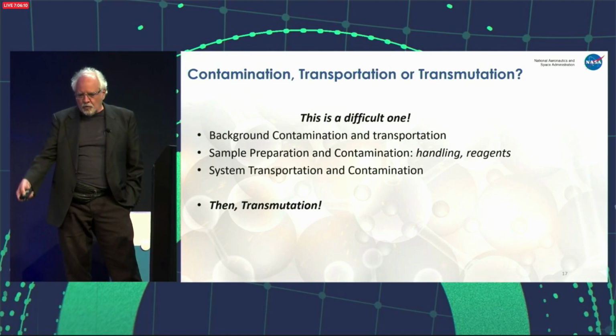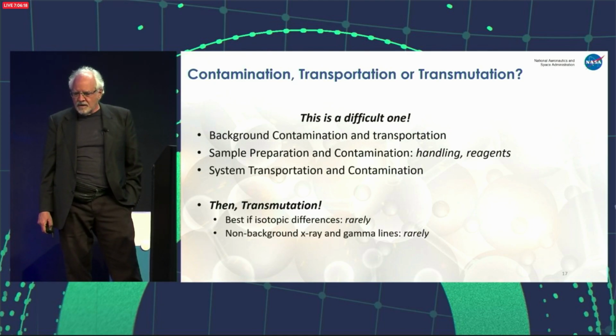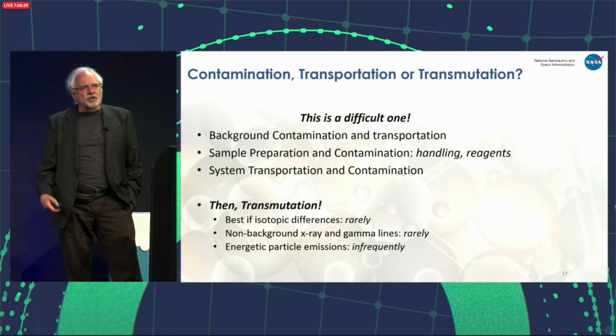If you can get through all those, then you may have transmutation. But it's best if you have isotopic differences. We rarely see those. And the non-background X-ray and gamma lines, but we rarely don't have competition with those as well. And finally, energetic particle emissions, those occur infrequently in a lot of these systems.